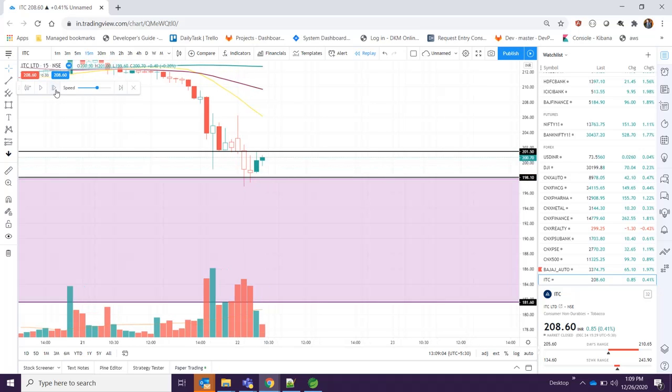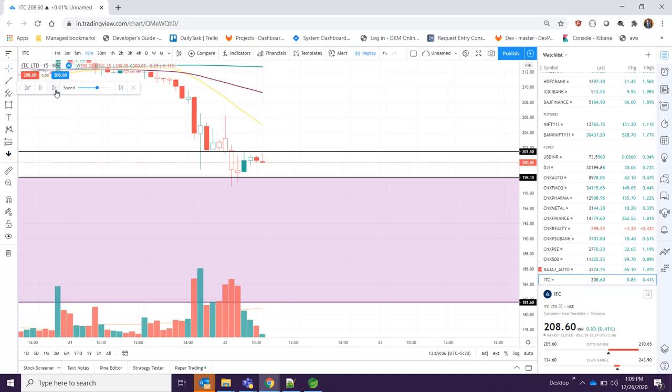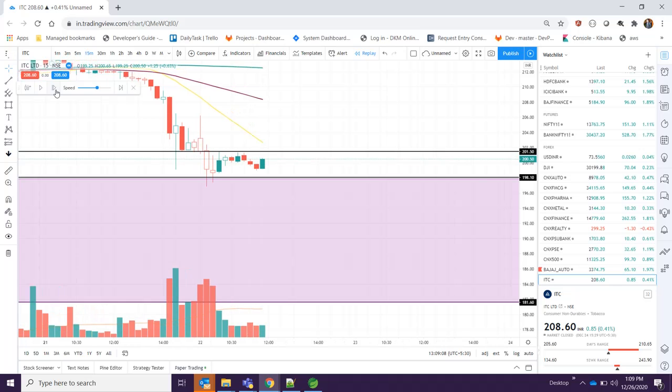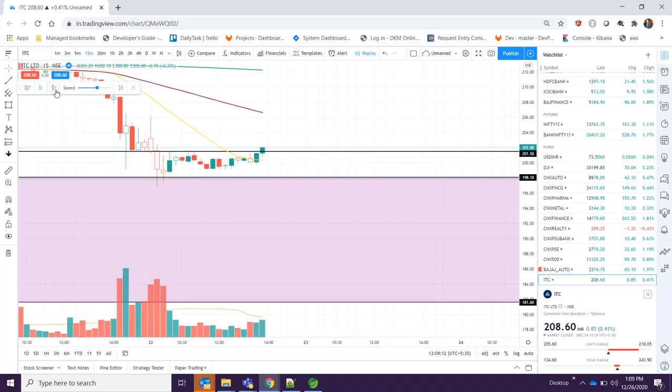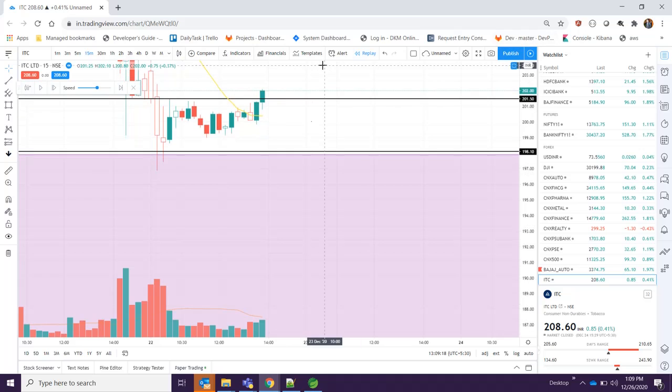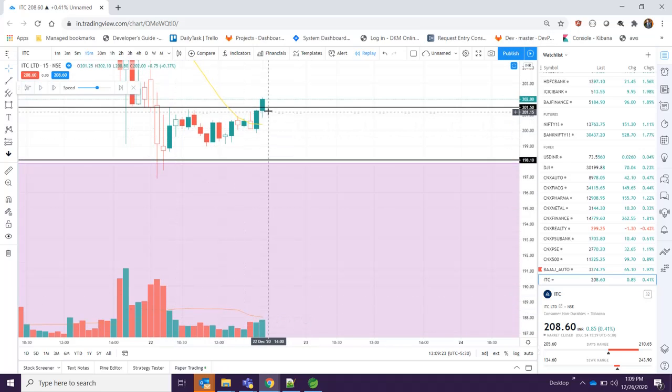So we see that after this there was a W pattern breakout in this also. This is the time when it gave a W pattern breakout, and see there is also good volume on this trade. So this is the time to enter the trade, expecting around 6-7 quick points in ITC.